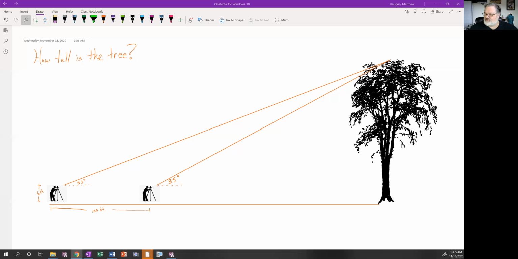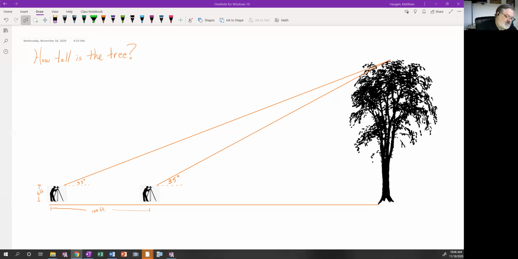There's lots of angles. I would find the other half of the angle on 35 degrees.